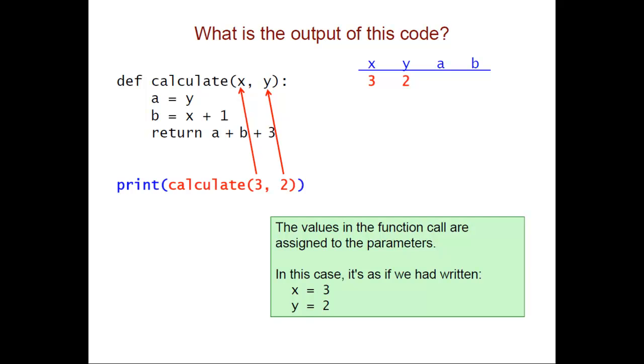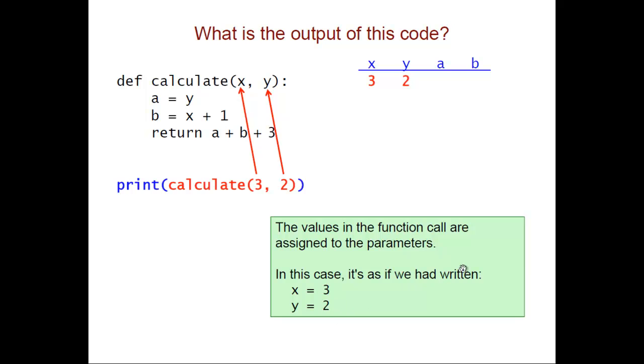That's the first thing that happens when you have a function call: the values that are specified for the parameters are passed in and assigned to the variables in the function header. So in this case, it's as if we had written these two assignments. x is assigned 3, y is assigned 2.